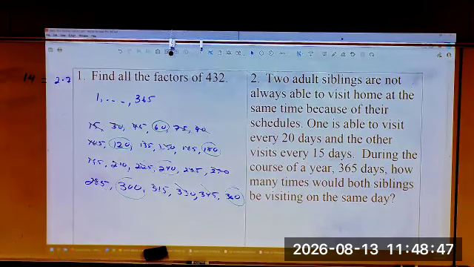It's not well written. First of all, you've got to get past the parts that don't matter. Two adult siblings, I don't know, that's frivolous. Not always able to visit home at the same time, whatever. Because of their schedules, who cares?